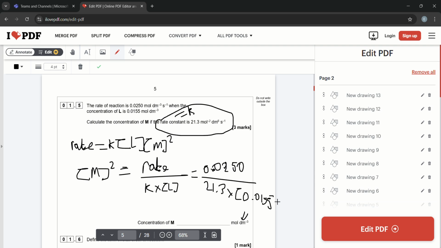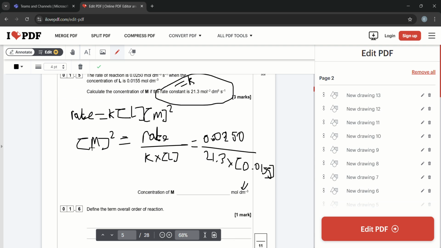0.0155. Now this won't give us the answer. This will give us M squared. So therefore, to find M, we just need to square root this whole thing.